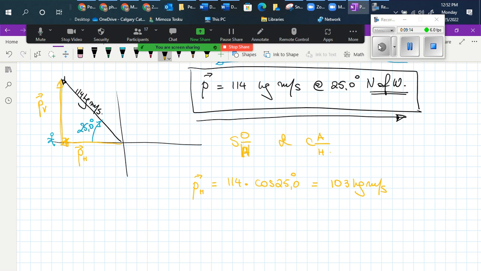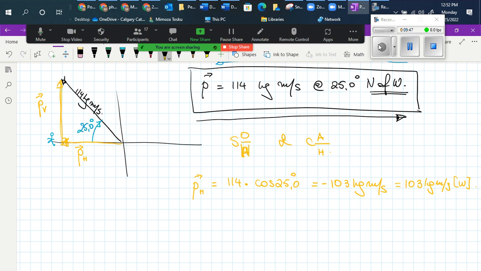You can say either negative, or you can say 103 kilogram meters per second going west. We prefer the negative and positive sign just because we are using this in the table of components later on. So we prefer to stay with the negative sign, but both definitions are right.